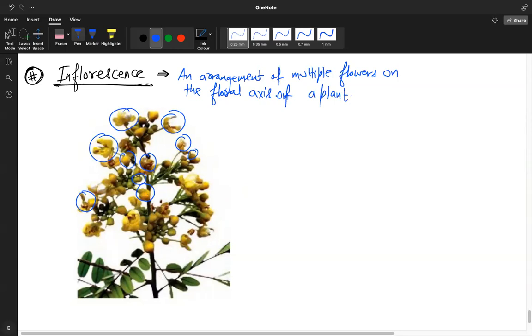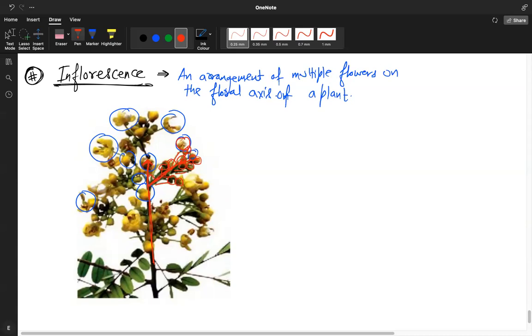If you see here, this is an axis, right? It's going up. Can you see this axis that I'm marking in red? And then from here comes this one. And on this you see multiple flowers. Can you see this arrangement? I'm taking this example. Everyone can see this arrangement.